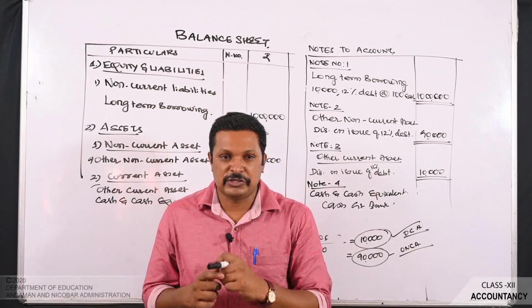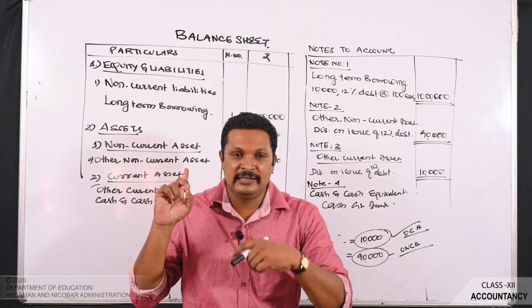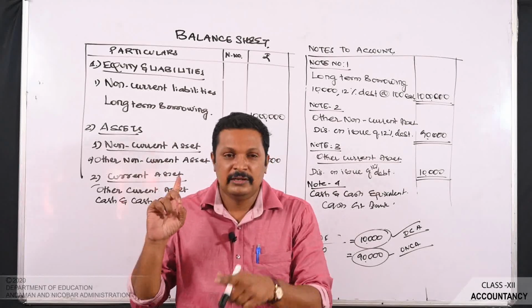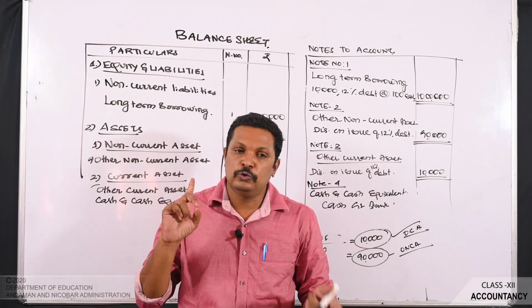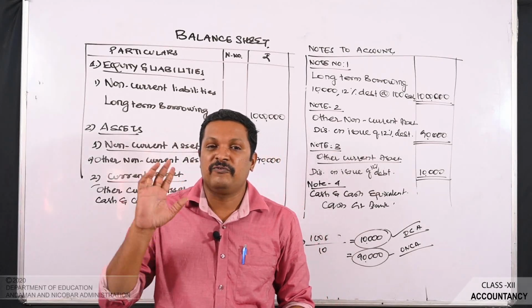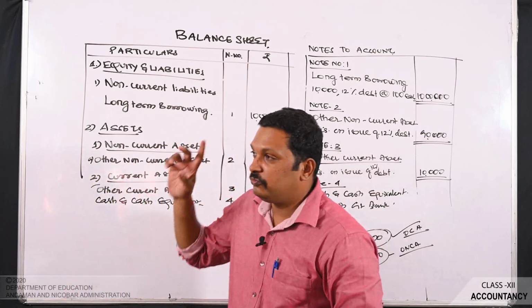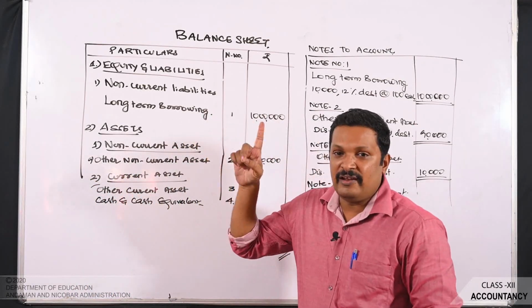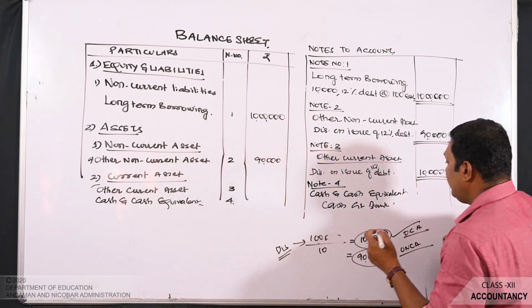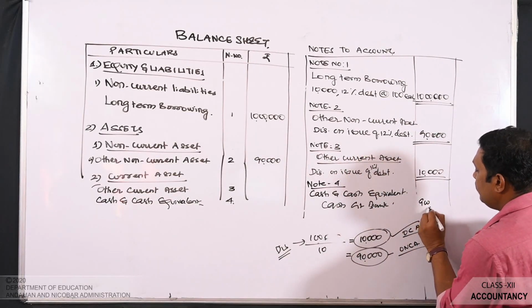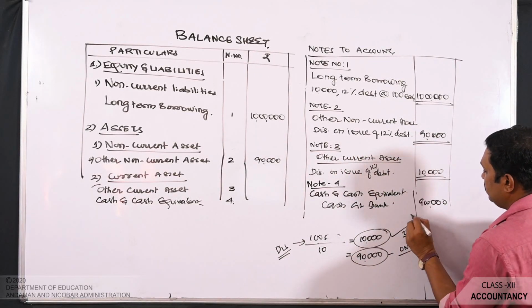Bank account debit to debenture application, we got 4 lakh rupees, and in the second installment, bank account debit, discount on issue of debenture account debit to debenture allotment, 5 lakh rupees we received. So 4 lakh in the first installment and 5 lakh in the second installment. Total 9 lakh rupees will be in cash and cash equivalent.